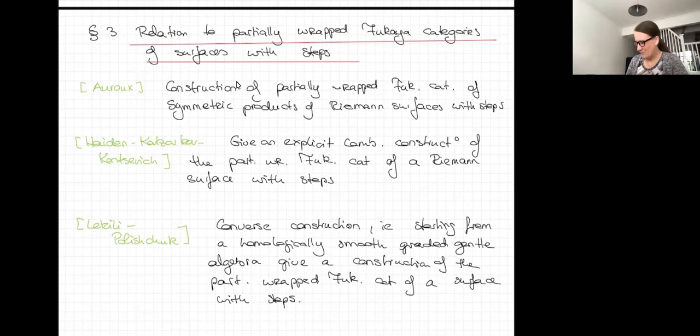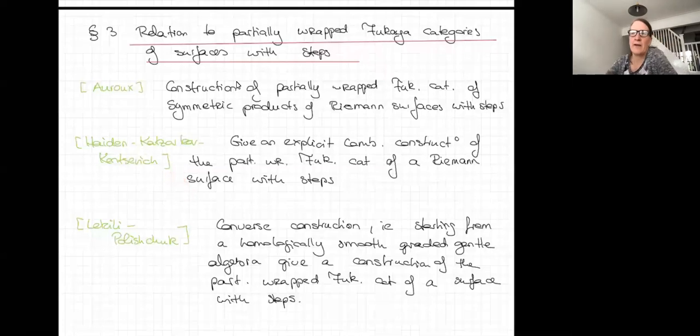Be it as it may, next time we will look at this in more detail and compare it to the geometric model, and then also look at line fields and derived invariants. Thank you.